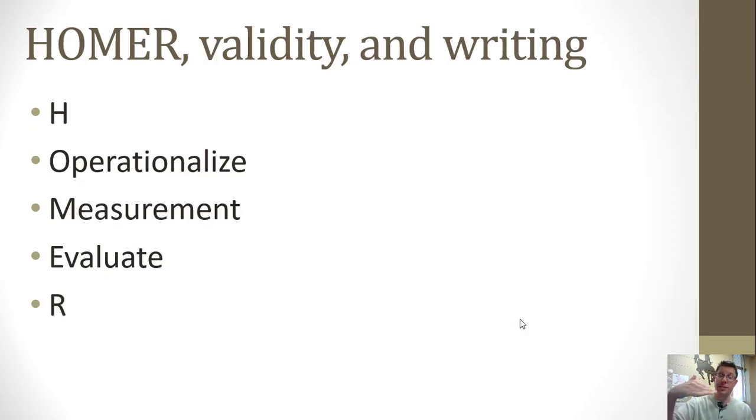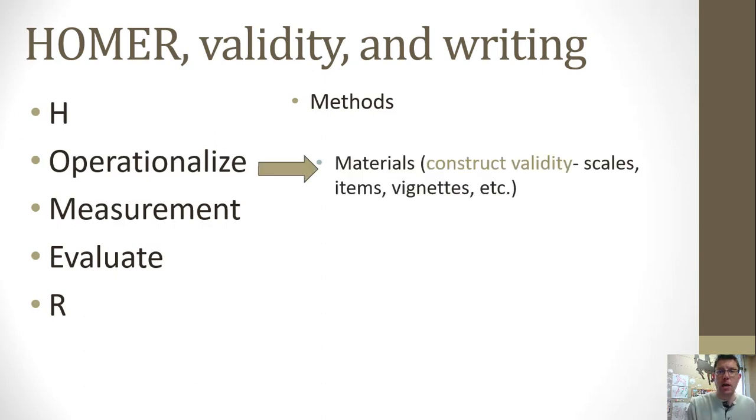Okay, going back to the steps of the research process, relating this to validity and a research report, or writing things up. In your method section, the materials that you use, so the manipulations and the scales, are you manipulating or measuring the construct you intend to measure?